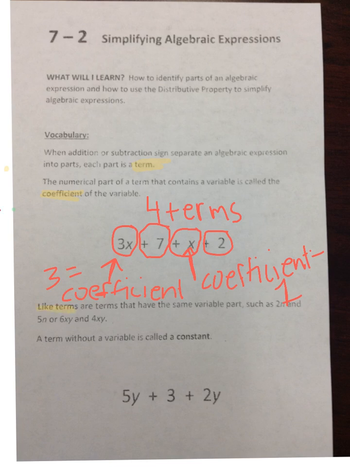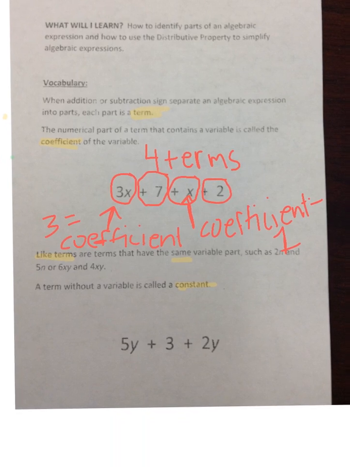Like terms are terms that have the same variable part, such as 2n and 5n. And a term without a variable is called a constant. So we can use the following expression to help us identify what like terms are and where the constant is.